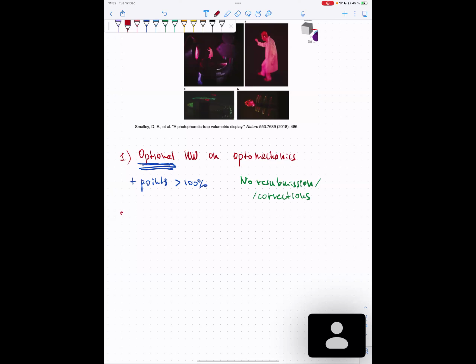The second point is that next week you will have homework corrections on the 25th of December, and I think it will be offline, with time and room to be announced.